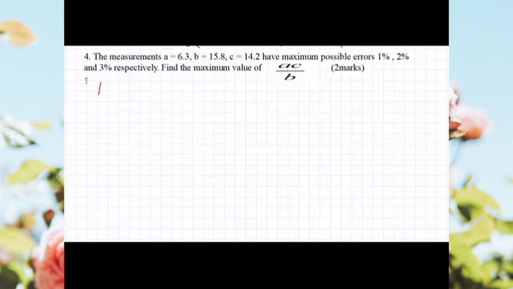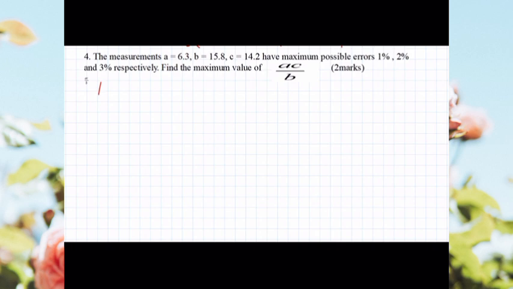In our fourth question, we are told that the measurements A equals 6.3, B equals 15.8, C equals 14.2, have maximum possible errors 1%, 2%, and 3% respectively.